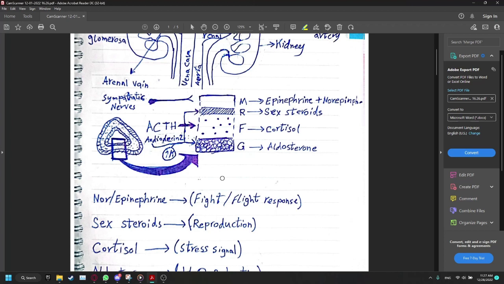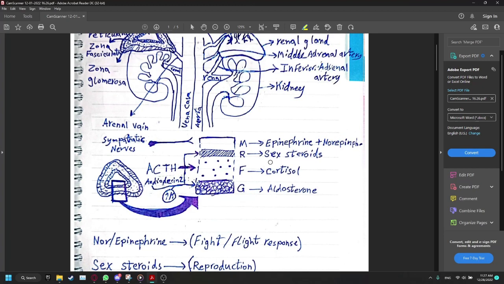Your brain can't just keep asking the adrenal gland, hey, produce more epinephrine and more epinephrine to stimulate the stress of the body, since it only lasts for a short amount of time.